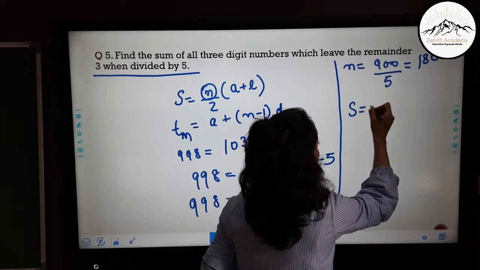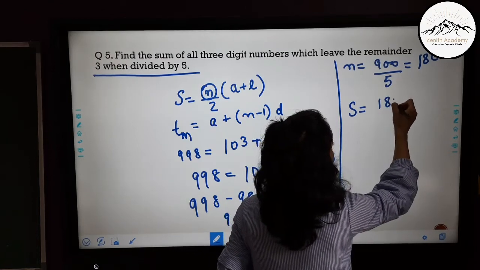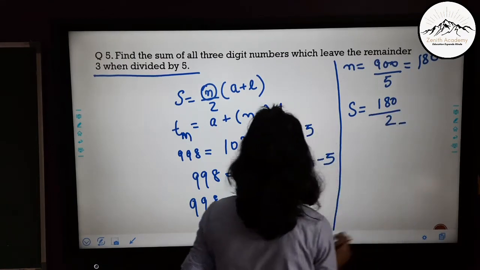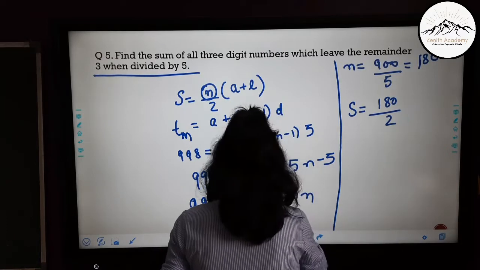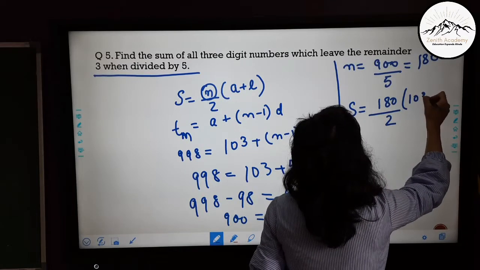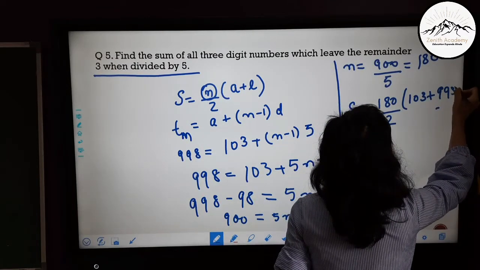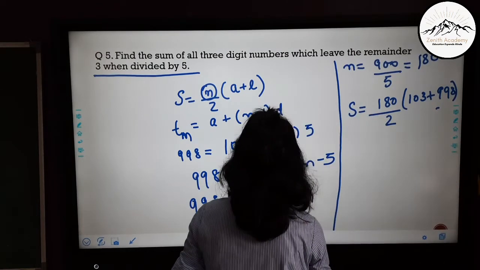So just put this in the formula. S is equal to 180 divided by 2 into A, which we know as 103, plus L, that is the last term, as 998.